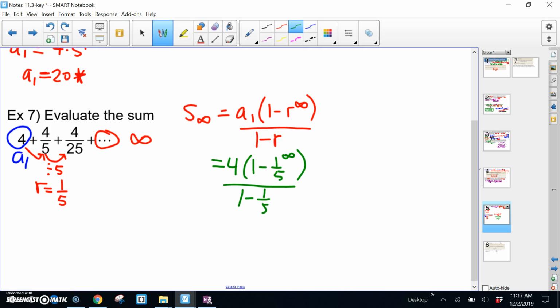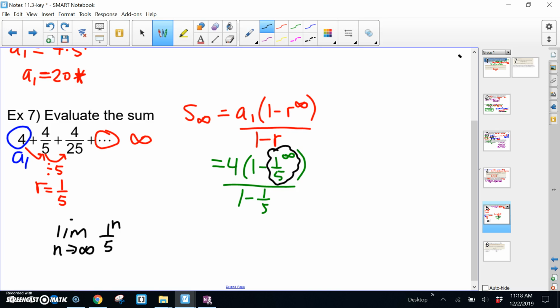Now we've got to take a sidebar here because 1/5 to the infinity is something that maybe we've never dealt with before. So think about 1/5 to the infinity. This is a calculus concept of a limit. If I had the limit as n approaches infinity of 1/5 to the n, okay, that looks like a calculus problem to me.